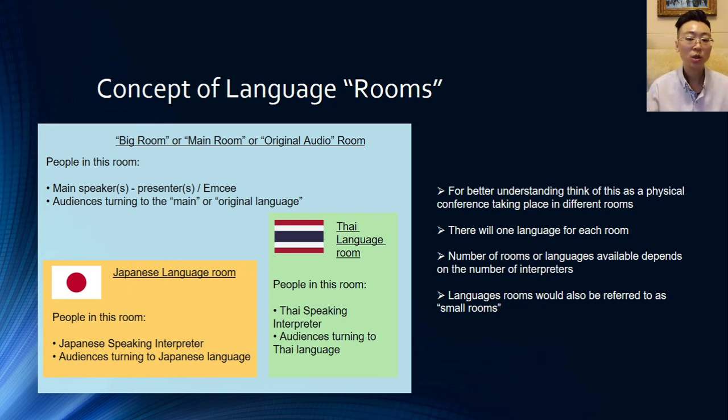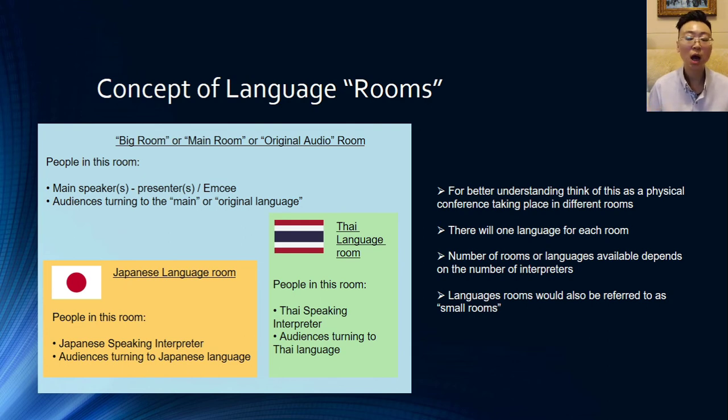So they would walk themselves to the Japanese room, and this Japanese room would of course have the Japanese-speaking interpreter, and also the Japanese audience. And then we would have many different languages. There may be the Thai room, and if you want to be in the Thai room, you'd move yourself over there.